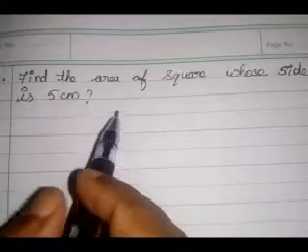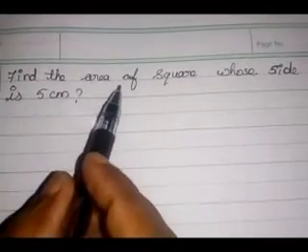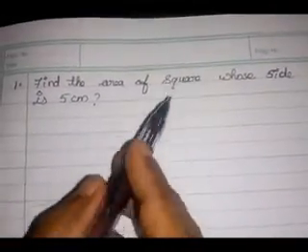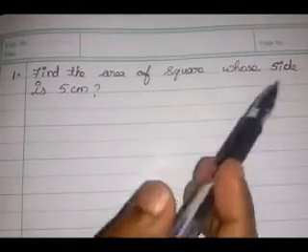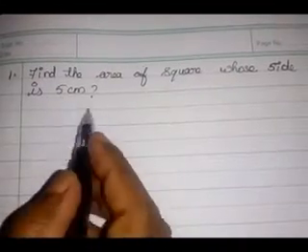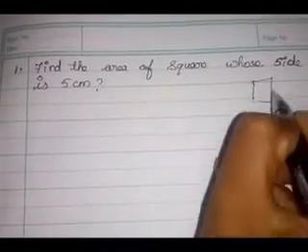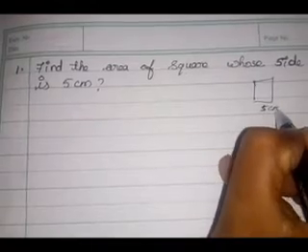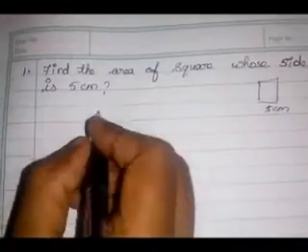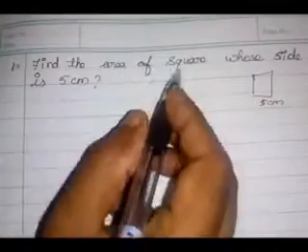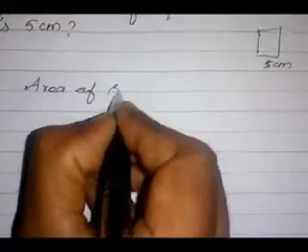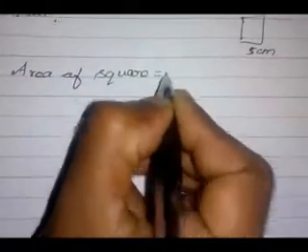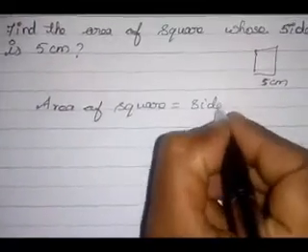Did you understand? Now we will solve some problems based on the area and perimeter of square and rectangle. First question: find the area of a square whose side is 5 centimeter. That square's side is 5 centimeter. We know the area of square formula: area of square equal to side into side.